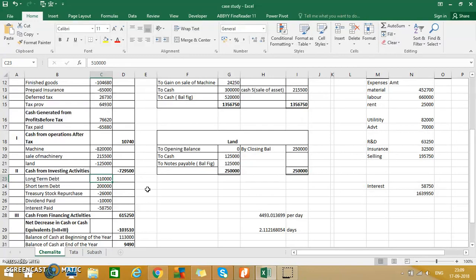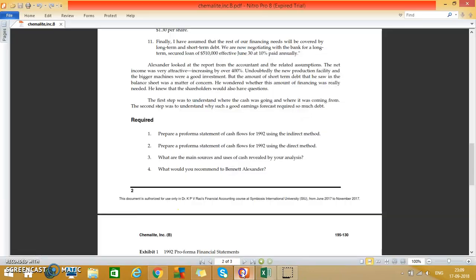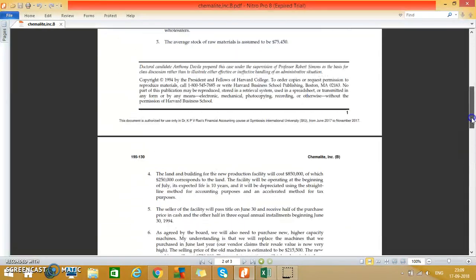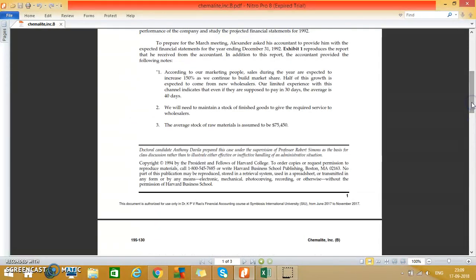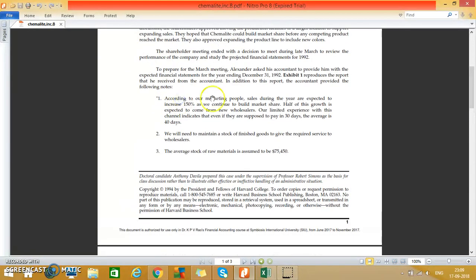Another thing I see is the very first point he was talking about. He says that the wholesalers are right now asking for 40 days of time to make the payment, which earlier they used to make in 30 days.